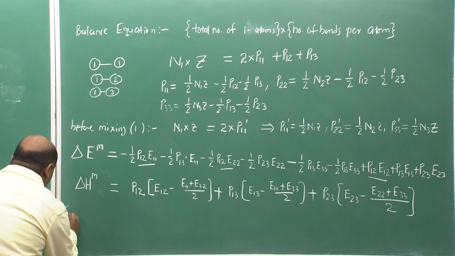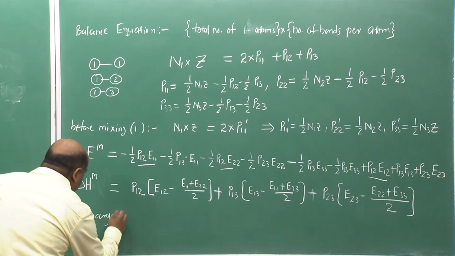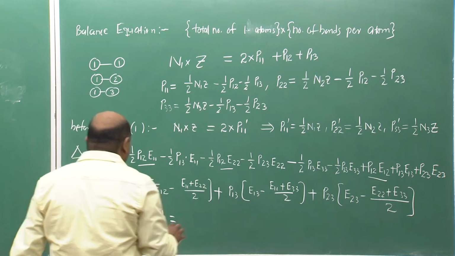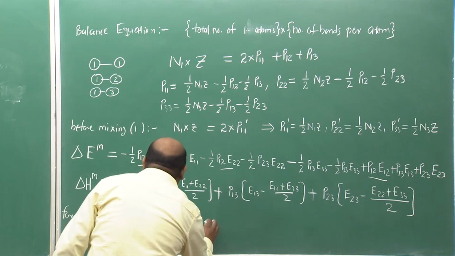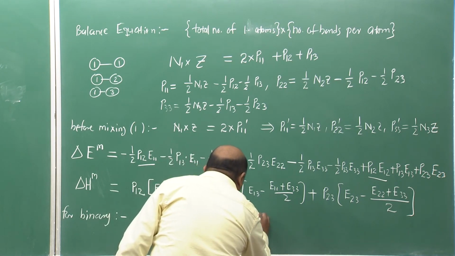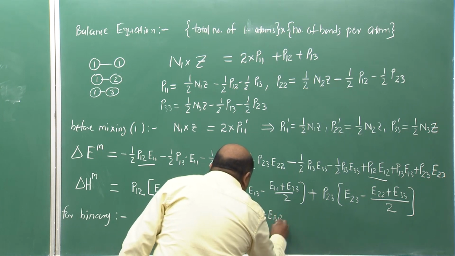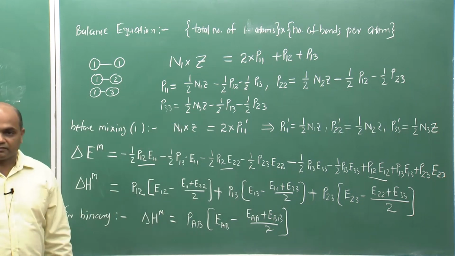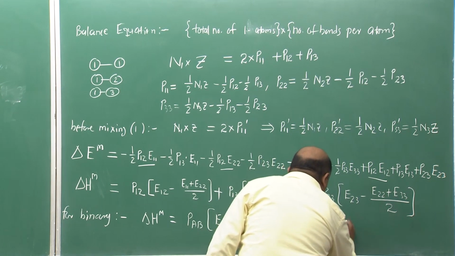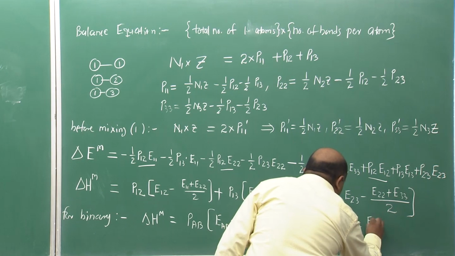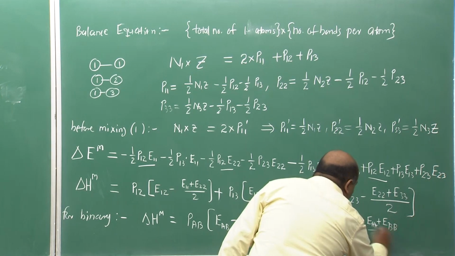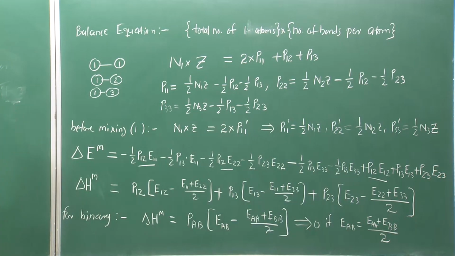So if we write this for binary, for example, this will be delta Hm is equal to, we are considering AB solution, then PAB times EAB minus EAA plus EBB by 2, and this will be 0 if EAB is equal to the average of AA and BB bond energy, right.